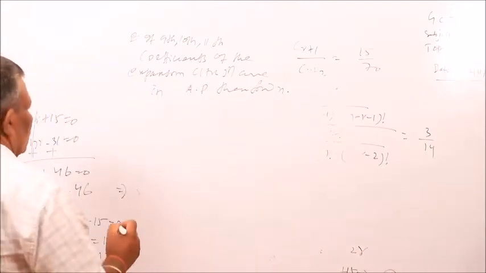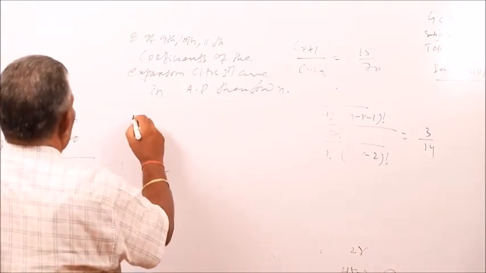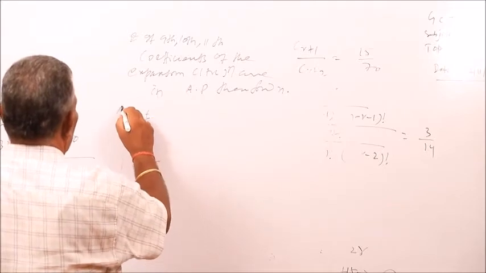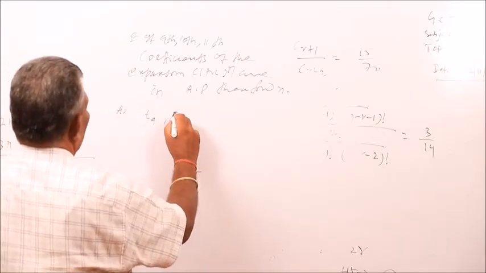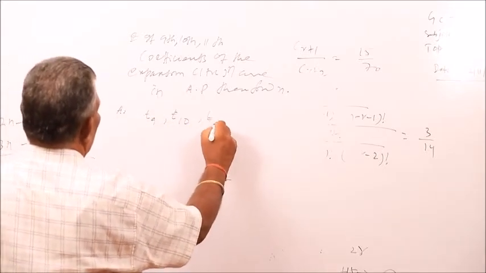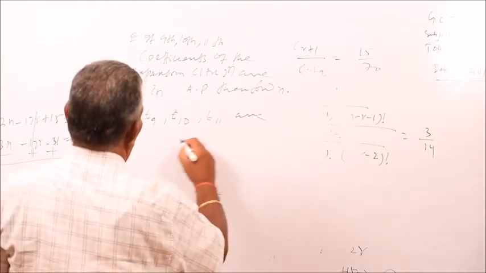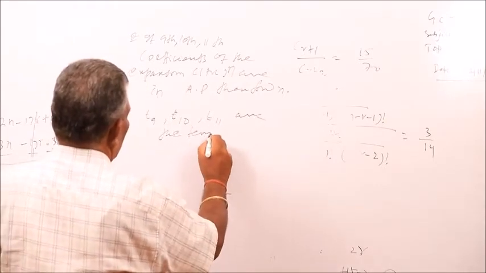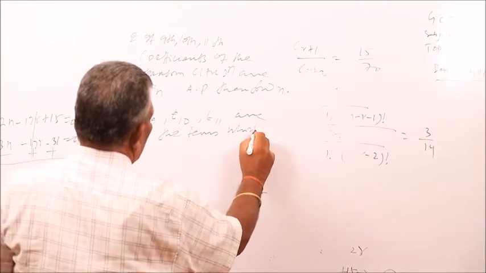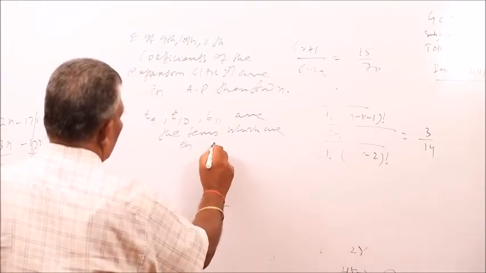So T9, T10, T11 are the terms which are in AP.